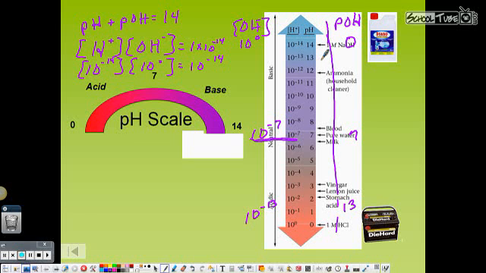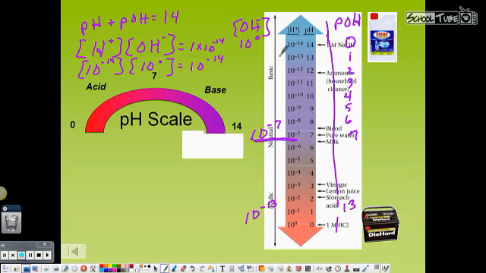Okay? So at any point along here, if the pH is 10, what's the POH? 4. So we got 0, 1, 2, 3, 4, 5, 6, 7, and so forth. You see that?